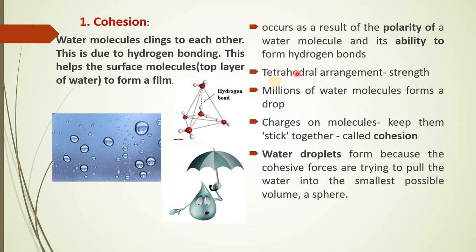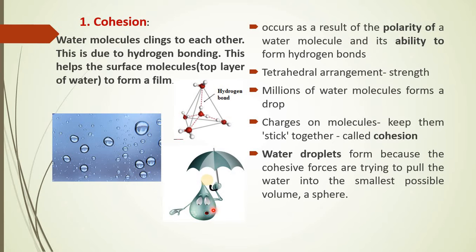The structure we obtain gives rise to a tetrahedral arrangement, wherein one single oxygen atom is linked with 4 other oxygen atoms, and therefore this arrangement is called a tetrahedral arrangement. So millions of water molecules come together, giving rise to this kind of structure within the water drop.